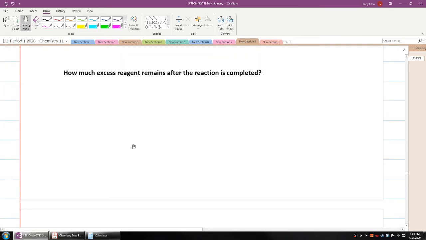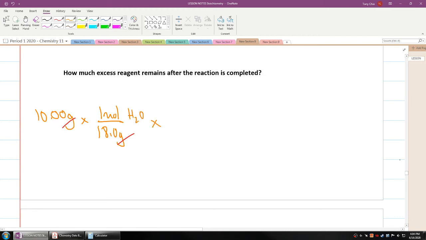So what I'm going to do is I'm going to take my 10 grams of water. And I'm going to multiply and try to get to the mass of aluminum sulfide. So the molar mass of water is 18. So that will cancel my grams to get to moles of water.